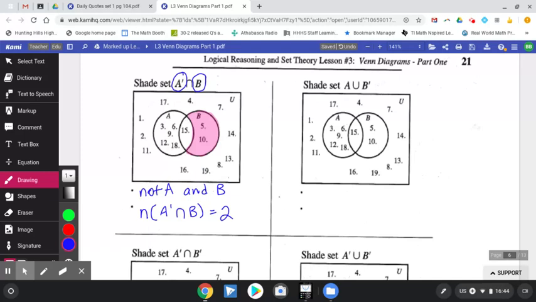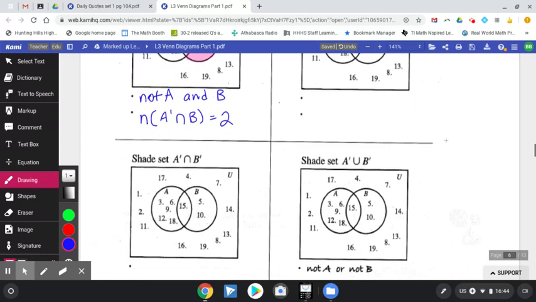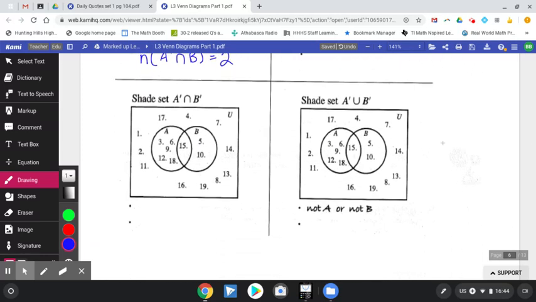All right, since we're talking about intersect right now and how to shade for intersect, we're going to move down to this next example. So again, we're doing intersection. We have these two individual regions. We will shade each region a different color or a different direction very lightly. And the intersection is the spots where they overlap.